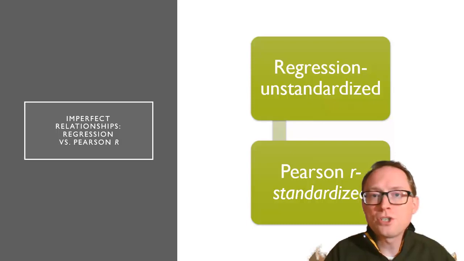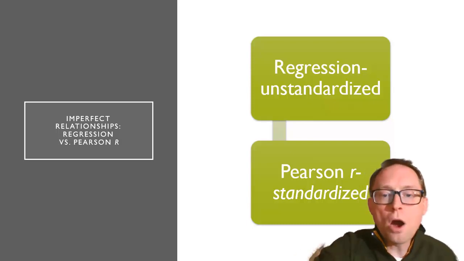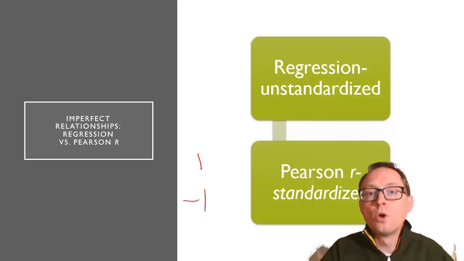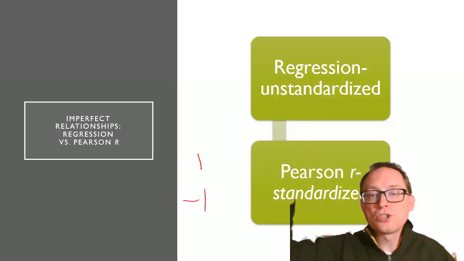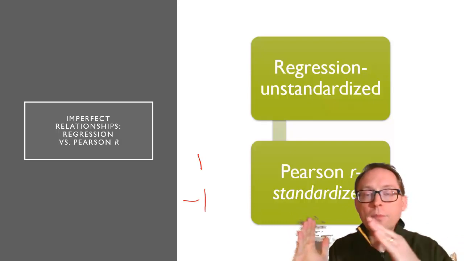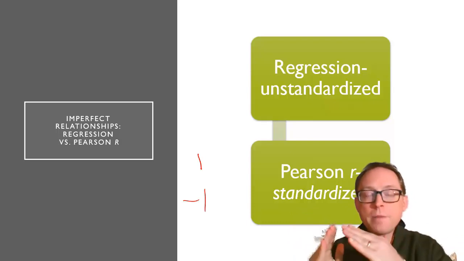It's a perfect relationship. Pearson's r, which is what we're talking about today, can be any value between 1 and -1. 1 means a perfect positive relationship. As one thing increases, the other variable increases at a steady amount.